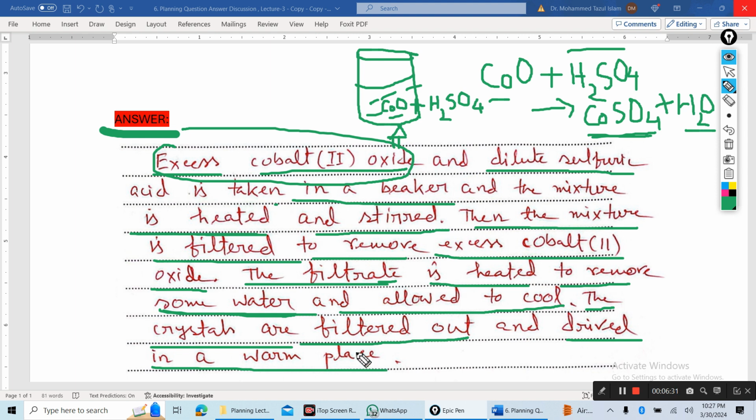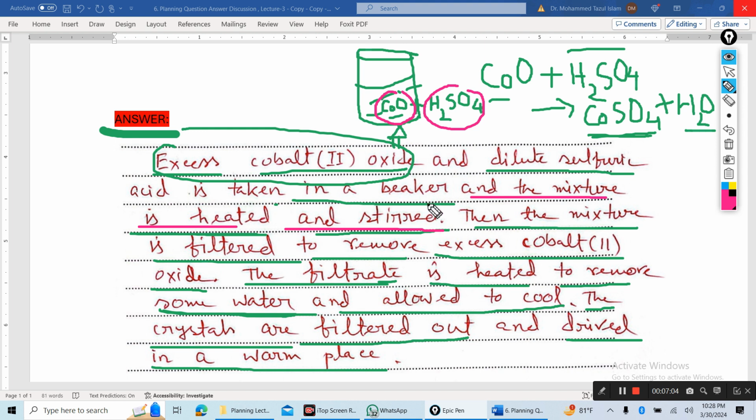So what you will do: at first, excess cobalt 2 oxide and dilute sulfuric acid are taken in a beaker, and the mixture is heated and stirred.